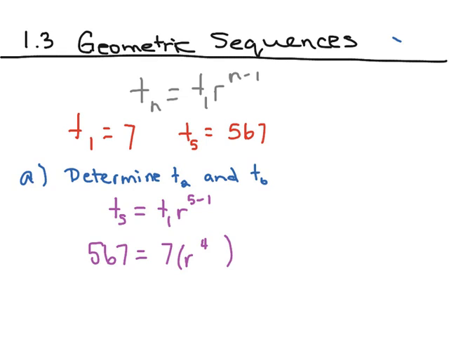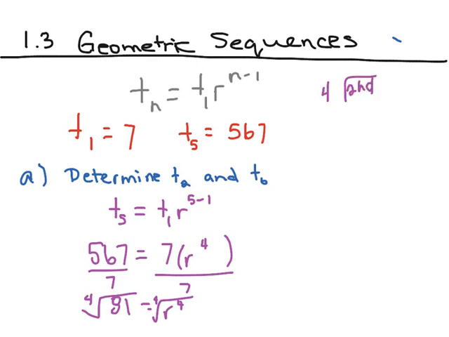So now we're going to solve for R. We're going to divide by 7, and on the left side we get 81, and on the right side we get R to the 4. Now we're going to take the fourth root of both sides. Remember, on your calculator, if you have a Sharp calculator, you type second function y to the x, and that should get you the fourth root.